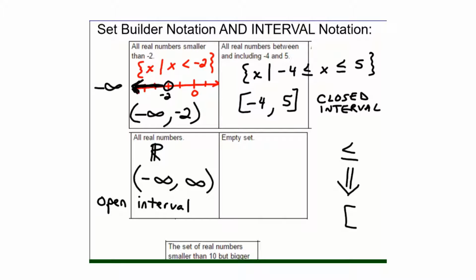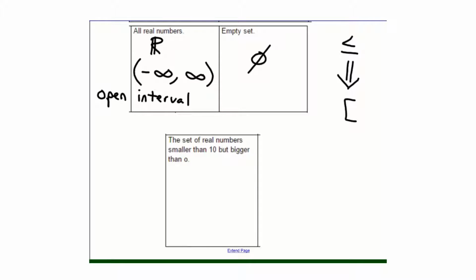The empty set, we can just go ahead and use that symbol for the empty set. That's fine. The set of real numbers smaller than 10 but bigger than 0: 0, 10, like that. There's our open interval.